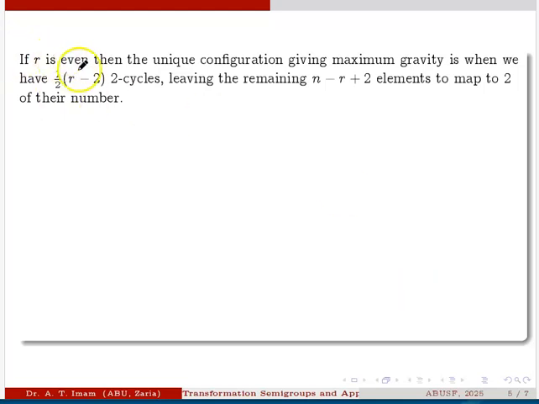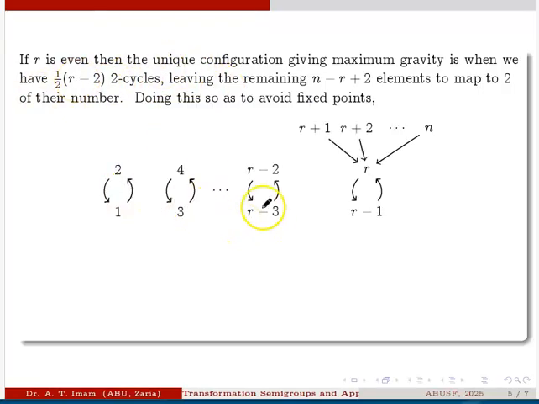Likewise, if r is even, then one can just pair the cycles. You will use r minus 2 points in 2-cycles, and the remaining 2 points you allow them to map to themselves, and then you map the rest to one of them. So there is only one unique configuration, and it is the following. It is this particular configuration, because you just have to allow the points that are not in the image to map to one of the points, but you want to avoid a fixed point.